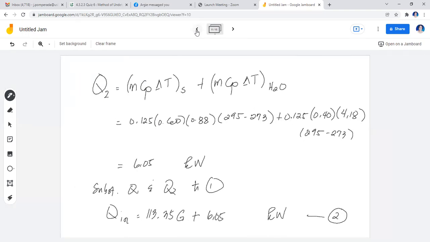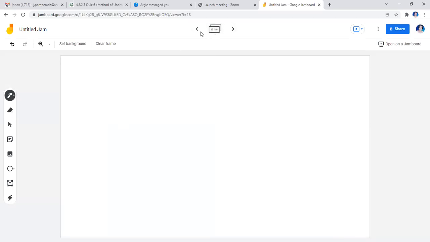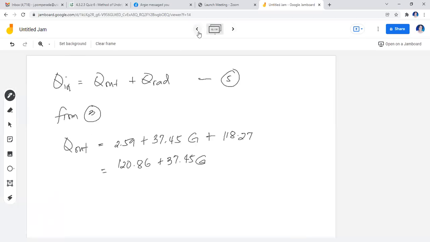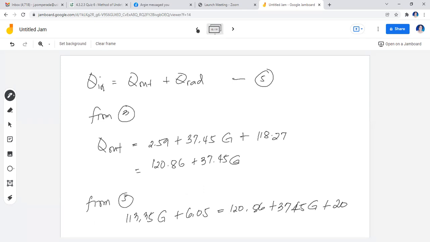So your Q in, from 5, is 113.35 G plus 6.05, which is equal to 120.86 plus 37.45 G plus 20.